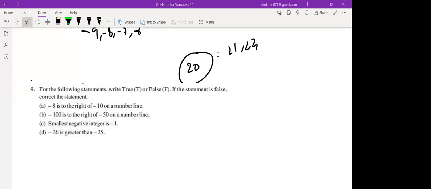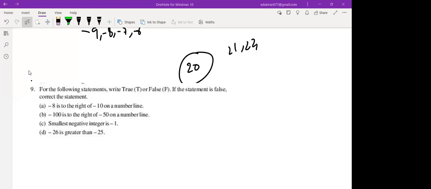Ma'am, I finished. Ma'am, in C1, it is saying that the smallest negative number is -1. It's not true, right?